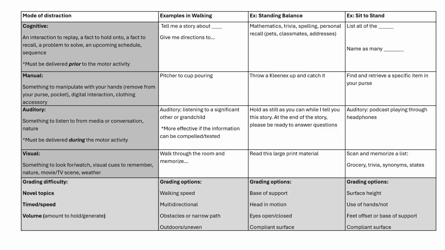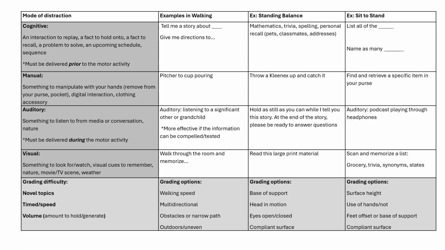If you want to grade the difficulty and make it more or less challenging, in the walking speed, we could make it self-selected, faster or slower, multi-directional walking, obstacles or narrow pathway, and even outdoors. Similarly, in standing balance, change the base of support, put the head in motion, eyes open, close, compliant surface, and finally, in sit to stand.